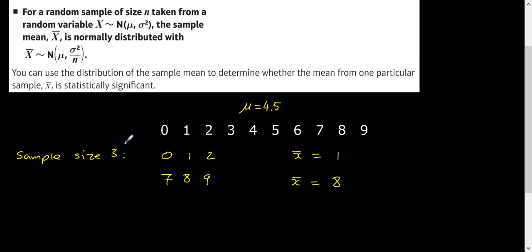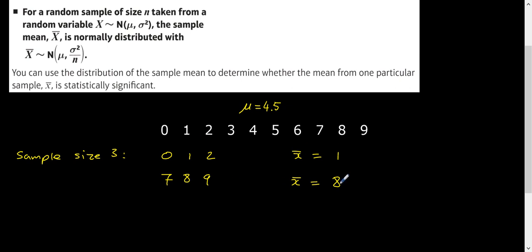Now what we could do is take every possible sample of size 3 from these 10 digits, and calculate the mean for each one of those. Now how many different ways are there of selecting 3 numbers out of 10? Well, we can use 10 choose 3 for that. We don't have to do this, but there's 120 different sample size 3 combinations.